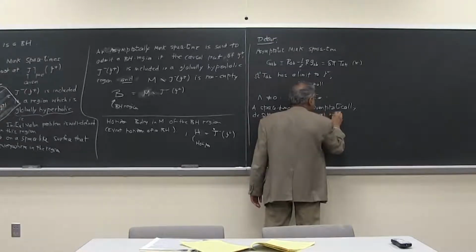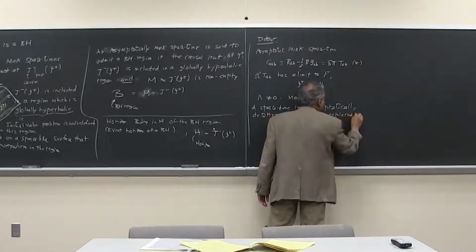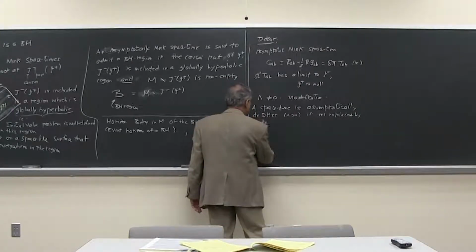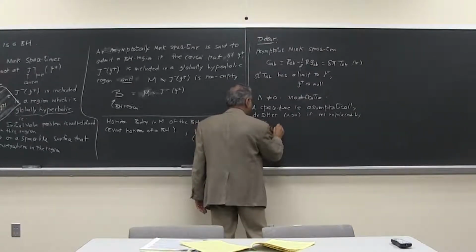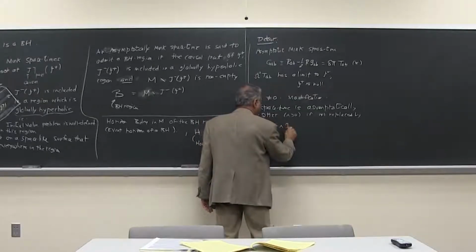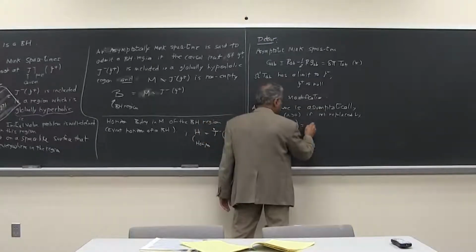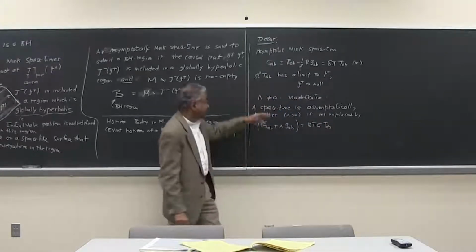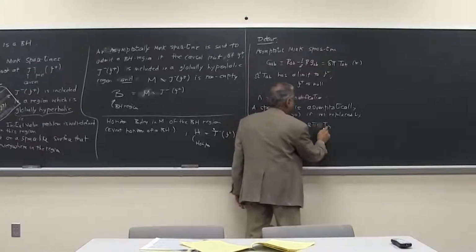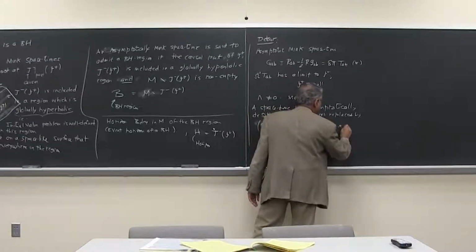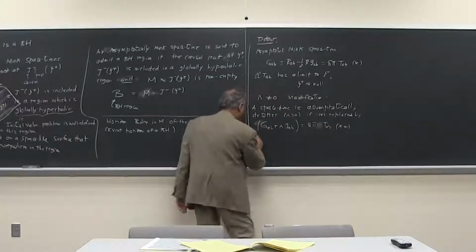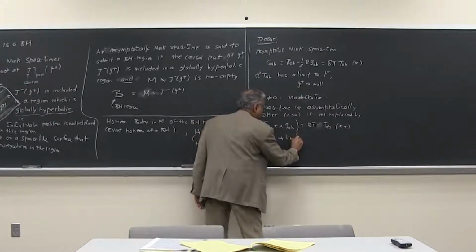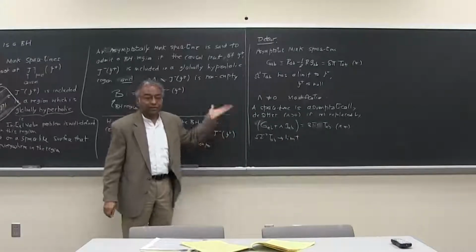It is replaced by G_ab plus lambda g_ab equal to 8 pi times T_ab, where Omega to the minus 2 times T_ab has a limit. I mean, we're just saying the field equations hold asymptotically.